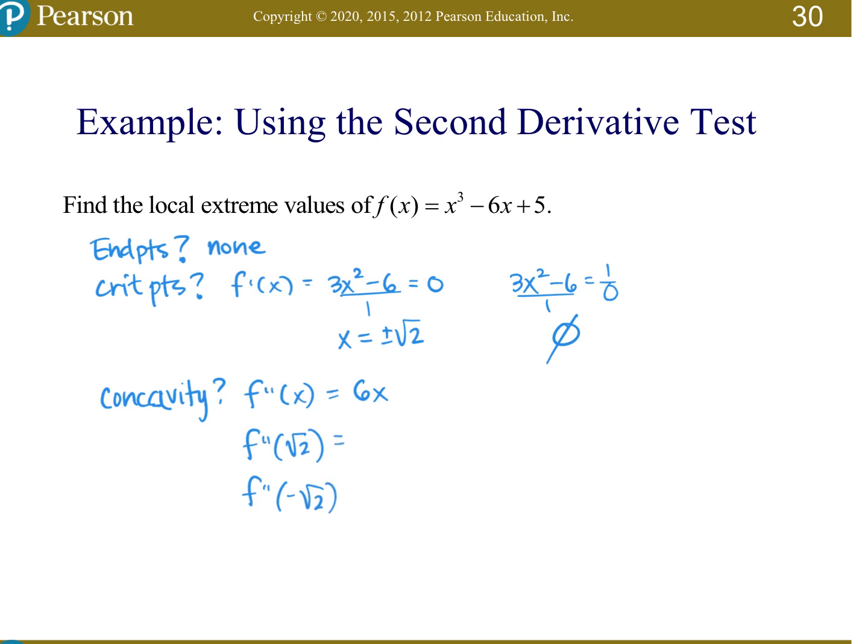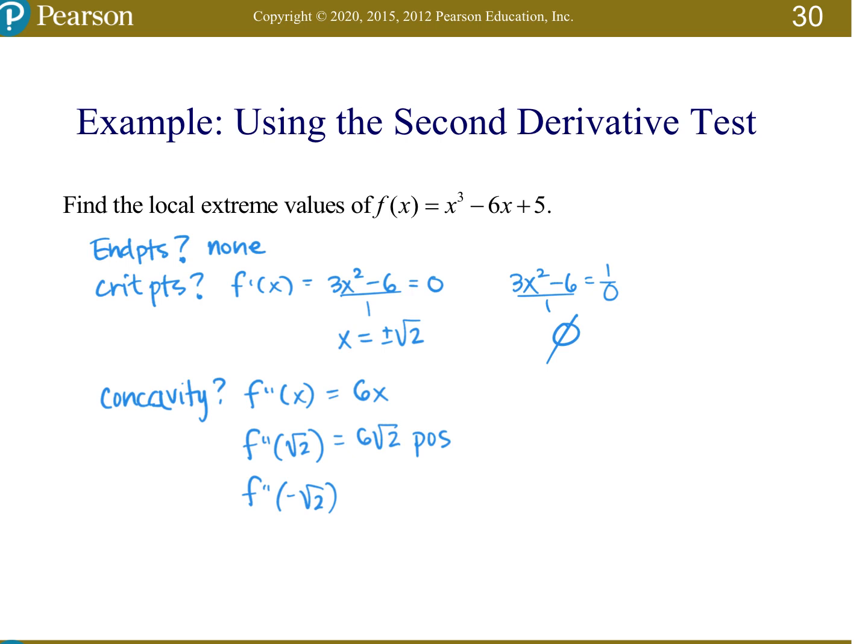When I check positive rad 2, I get 6 rad 2, which is positive. So if rad 2 is a critical point that has positive concavity, where's it sitting? It's a critical point that has positive concavity. You can do it with your hands, right? It's a critical point that has positive concavity, like this.